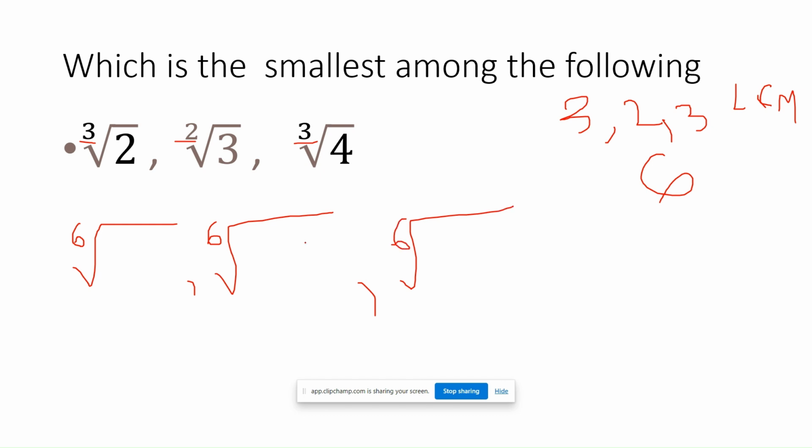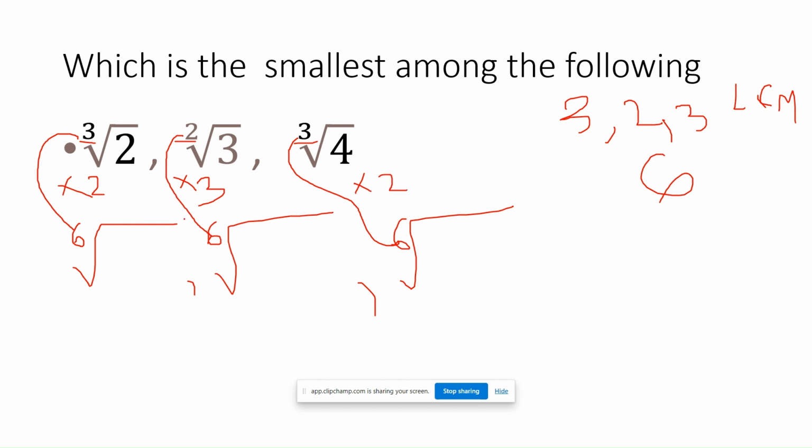Now you have to see in 3's table where you find 6. 3 twos is 6. Now, in 2's table, where do you find 6? 2 threes are 6. Next, in 3's table, where are you finding the 6? 3 twos are 6.